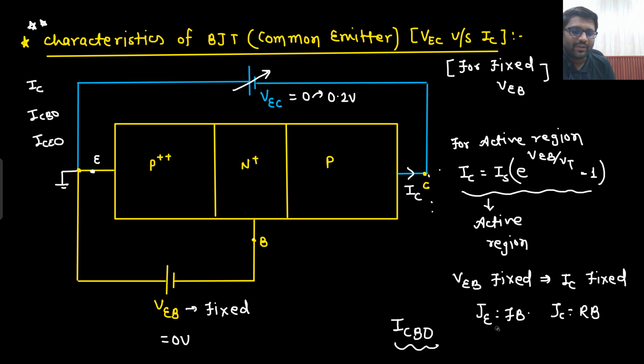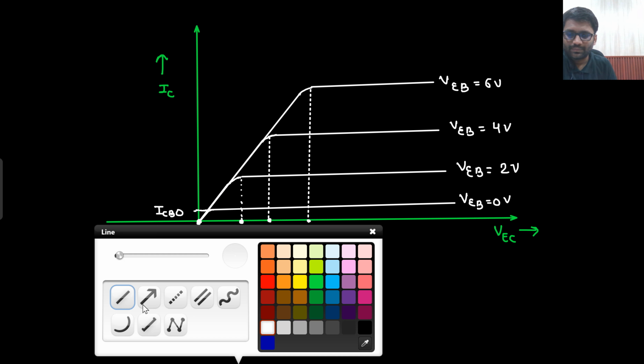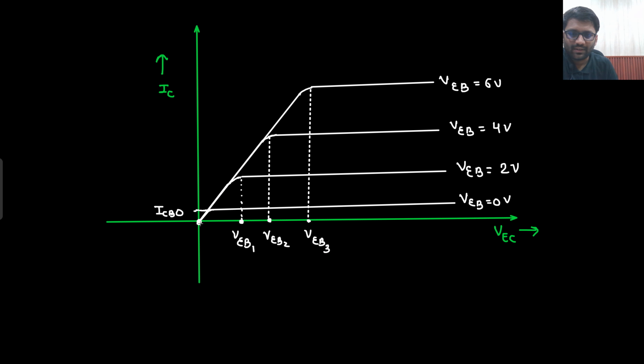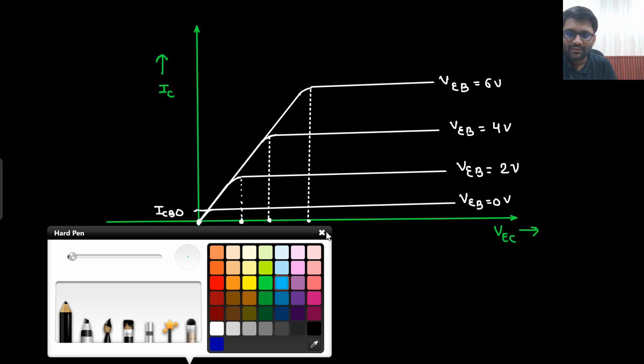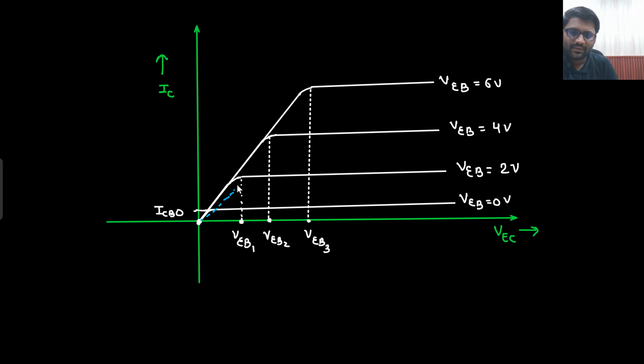Now let's show the region of operation. Let's remove it. Let's also remove it. So what I am doing is making some line of this kind. What is this line representing, can anyone tell?